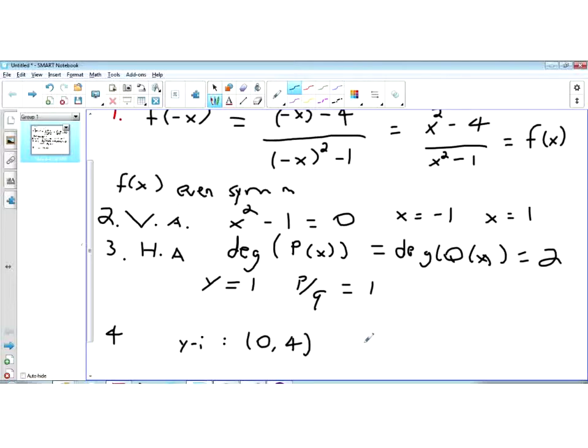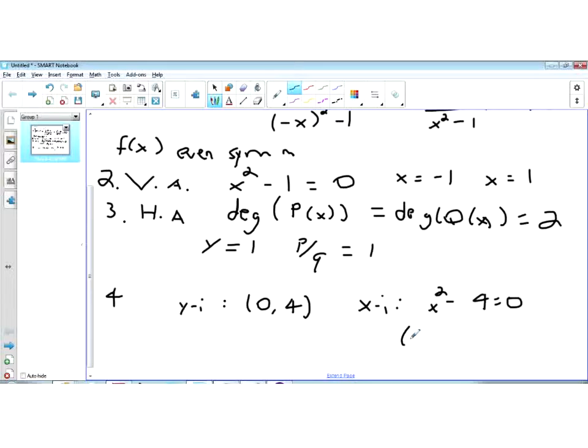Well, we have to solve x squared minus 4 equals 0. And almost by inspection, we can ascertain that (-2, 0) is an x-intercept, and (2, 0) is an x-intercept. All right, looking good. Okay, and what next?